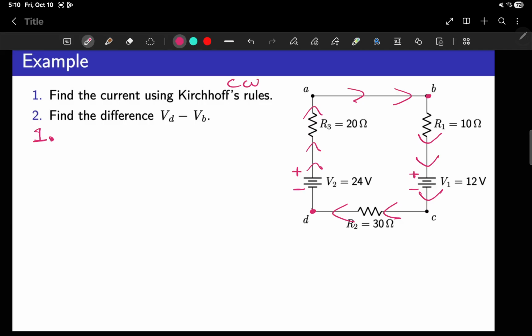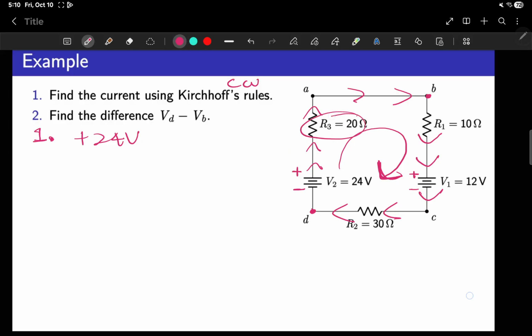Now to actually do the loop rule, I'm going to start at battery V2 and I'm going to go clockwise. I choose to follow the current. So I'm starting with positive 24 volts because I'm leaving from the positive end of the battery.